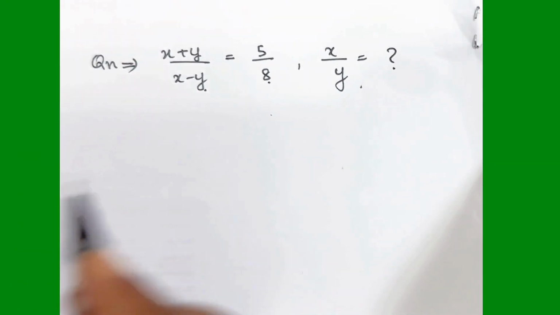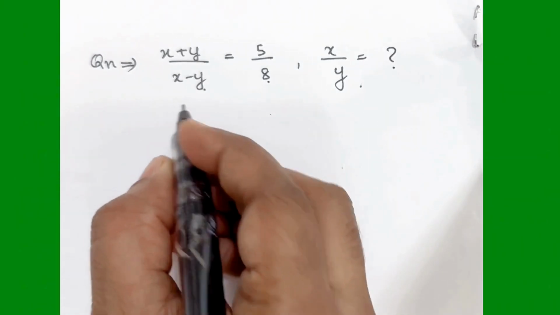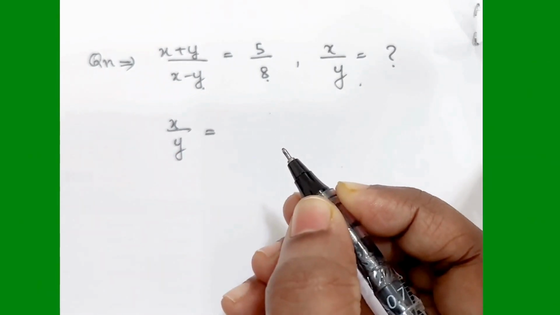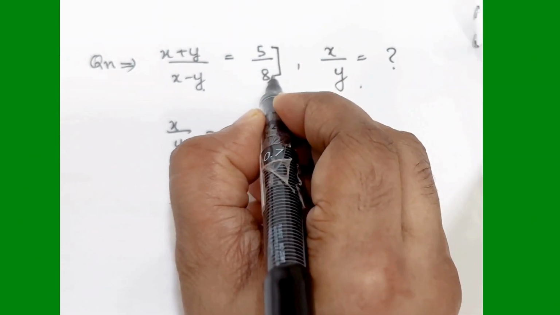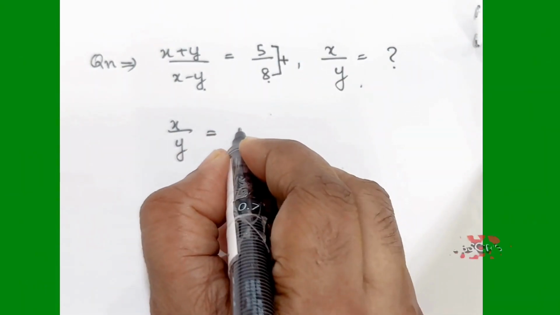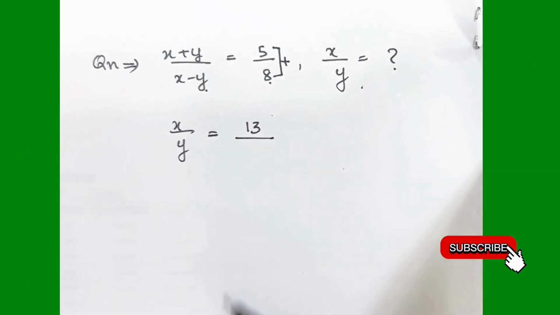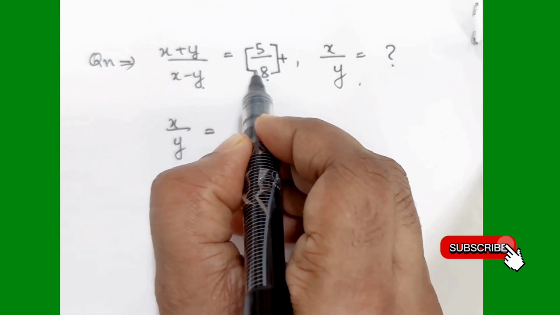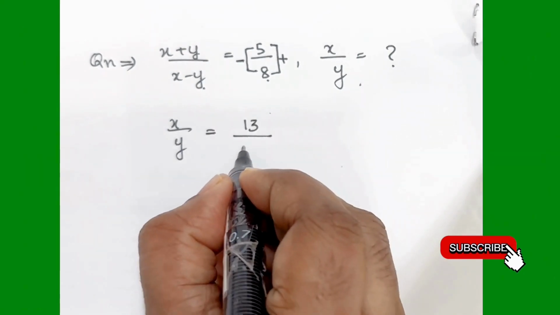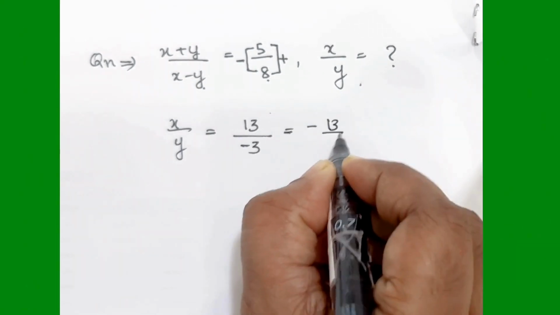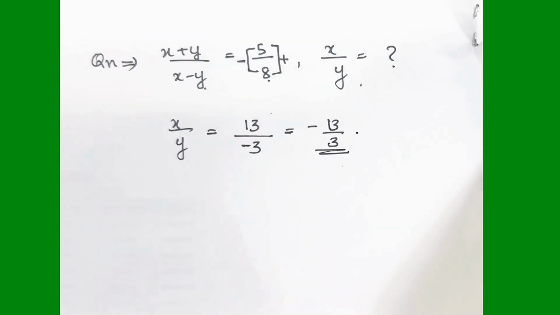Find the value of x/y. So the question is to find x/y. So x/y is equal to, just add the numerator and denominator. 5 plus 8 is equal to 13. So 13 will come in the numerator, divided by, to find the denominator, just subtract here. 5 minus 8 is equal to minus 3. That's equal to -13/3.